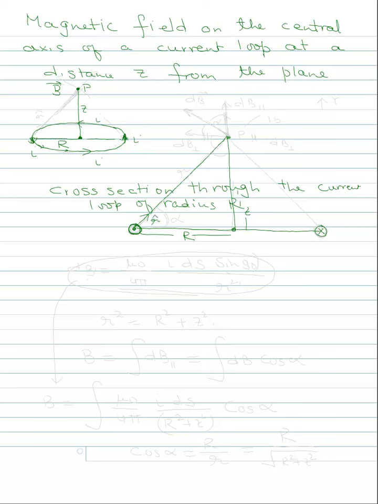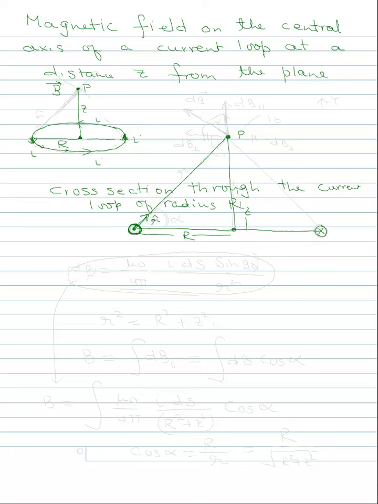This is the distance r from this point to this, and this is where we are trying to find the magnetic field, this point P. Now think about the angle between this vector r hat, which connects this little current element with this point P.